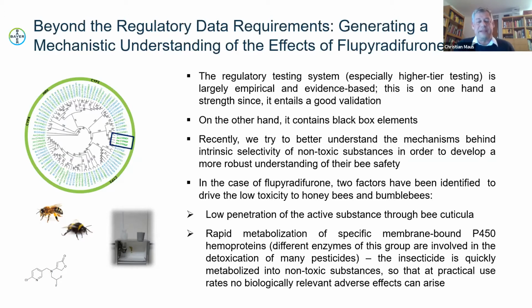One is the low penetration of the active substance through the cuticle of the bees, and the other one is the rapid metabolization of the substance by an enzymatic system which bees have, and which is also involved in the detoxification of many other substances. They have a certain variety of those P450 enzymes, which is degrading that substance so quickly that it cannot pose a significant hazard.